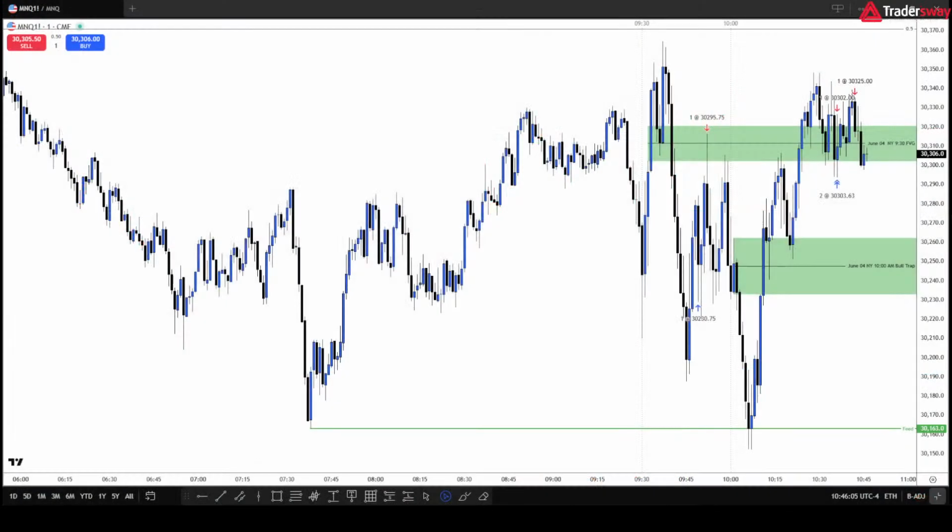Let's go to trade. Let's look at the order flow.